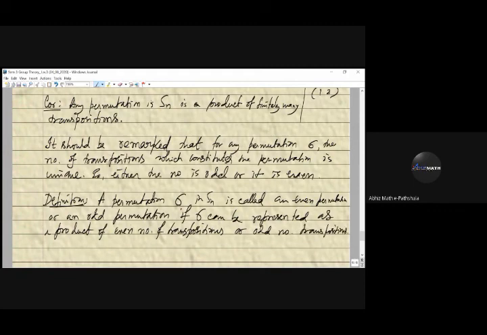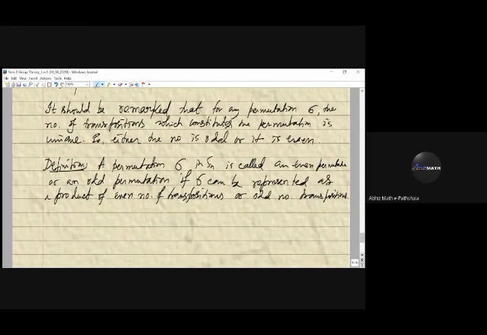So if sigma is represented as a product of an even number of transpositions, then it is called an even permutation. If it can be expressed as a product of an odd number of transpositions, then it is called an odd permutation, right?